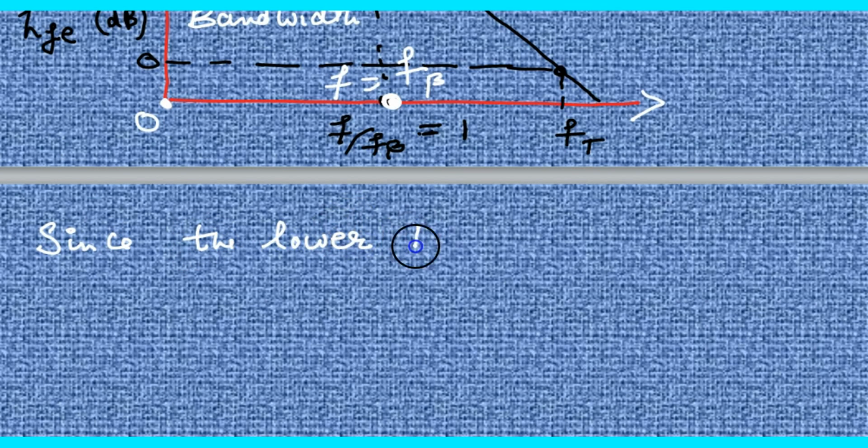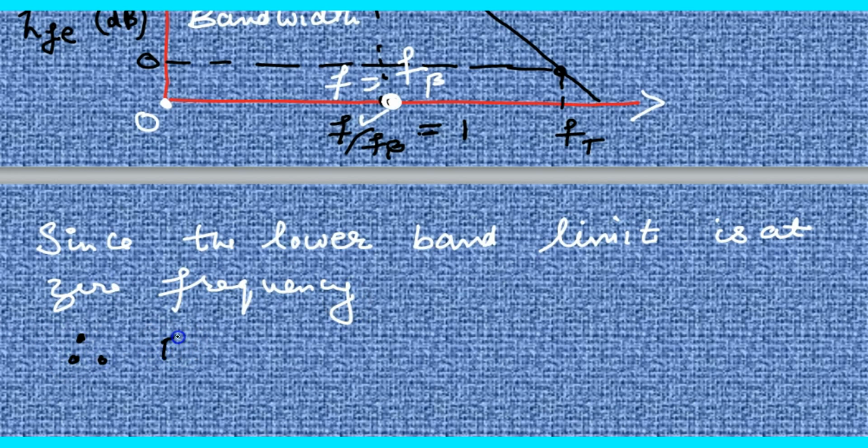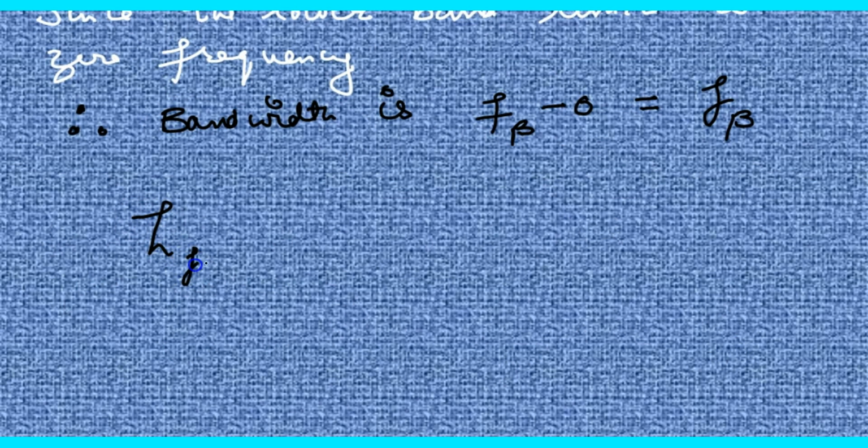On the lower side, when f is low, the gain is constant. And when f equals 0, from 0 frequency it is constant. So this is the lower limit, 0 frequency, and the upper limit is f beta, so the bandwidth becomes f beta.